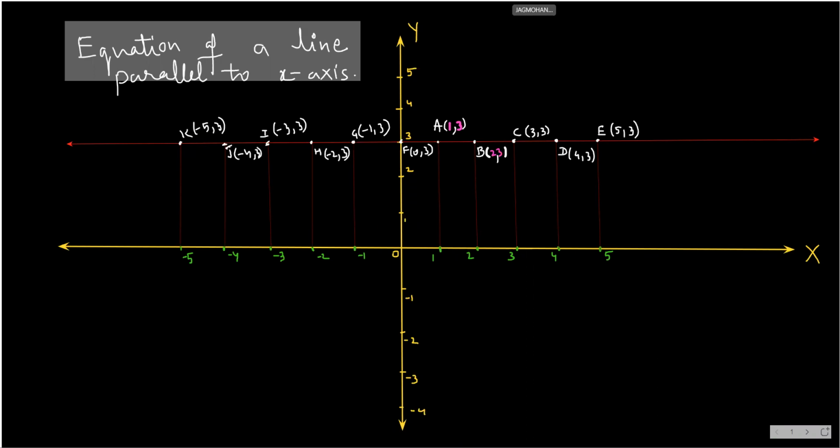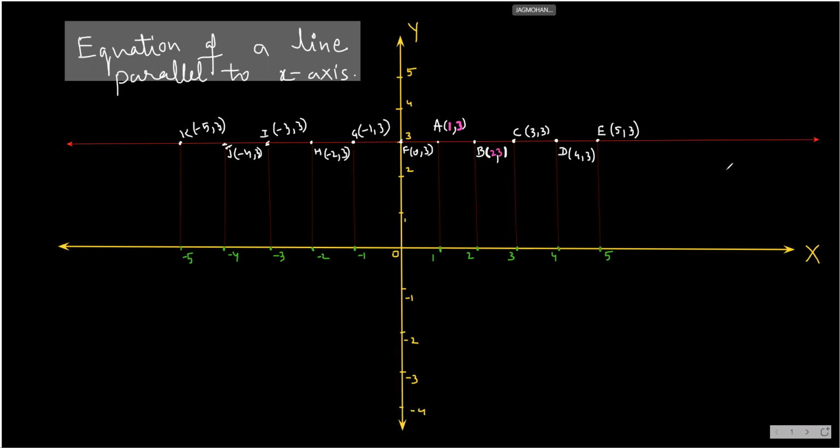So now what I do, students, as I have taught you in locus, I will take a variable point x, y on this line. Then I can say that this variable point will have different x, but it will have the same y, which is 3. So what is the equation of this line?